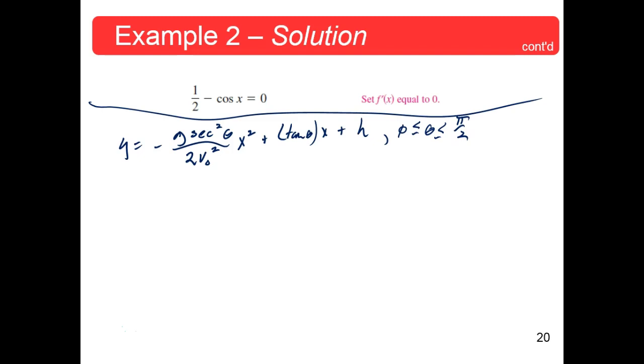Okay. Now, here your variable is x, not theta. Pick a theta, any theta, and then this will be your function in x. Okay? Now, why do they limit that to between 0 and pi halves? Okay?